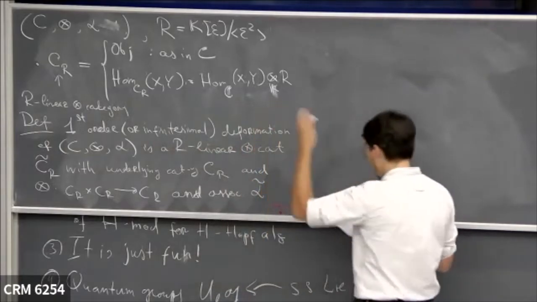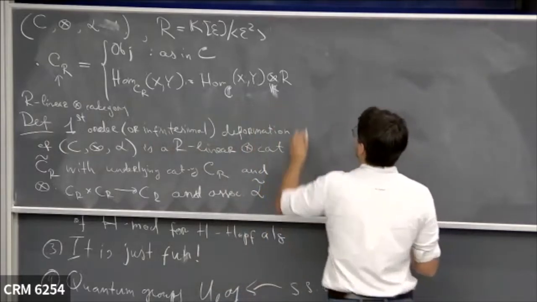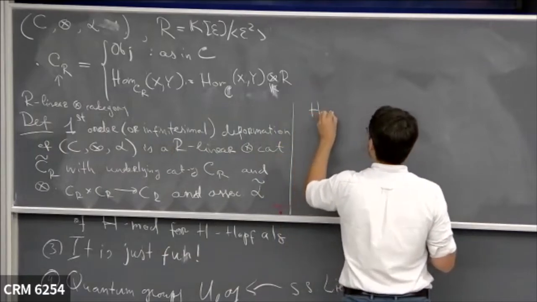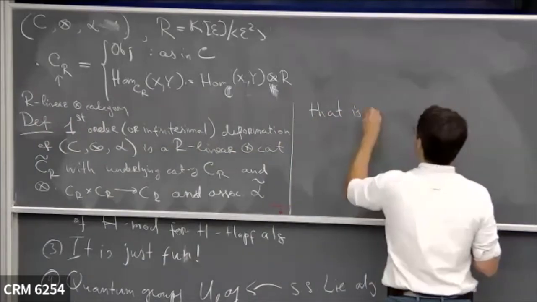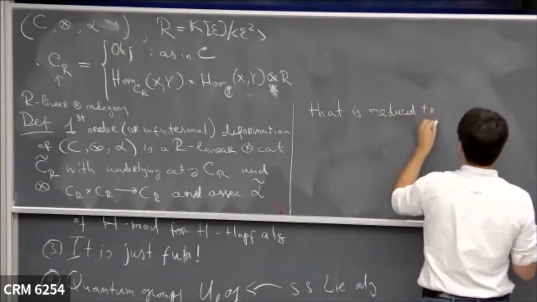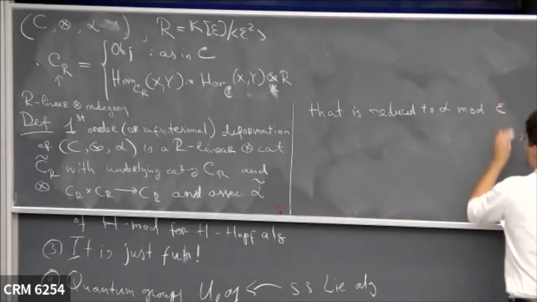So I had alpha, now I have alpha twiddle, that is reduced to alpha mod epsilon.